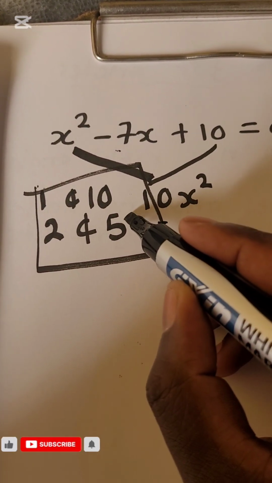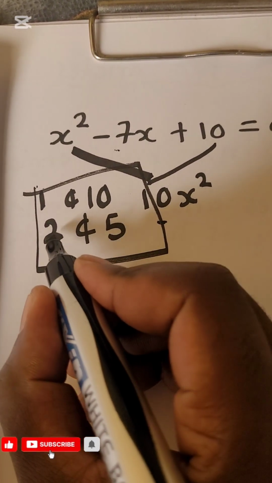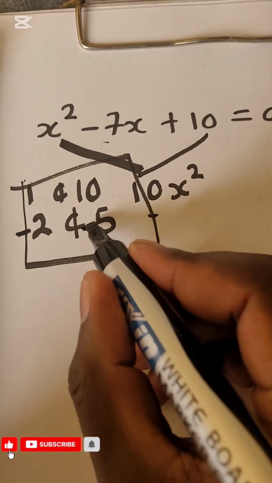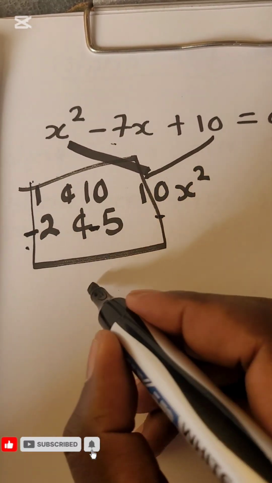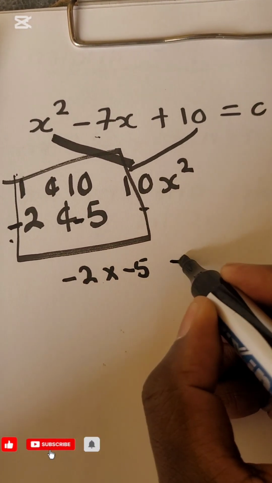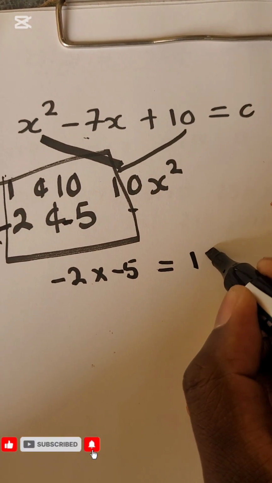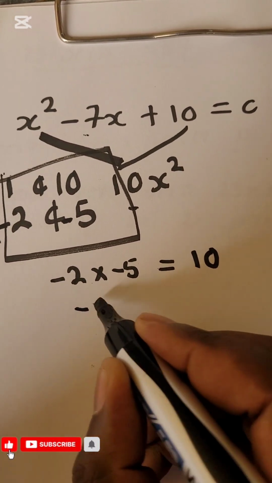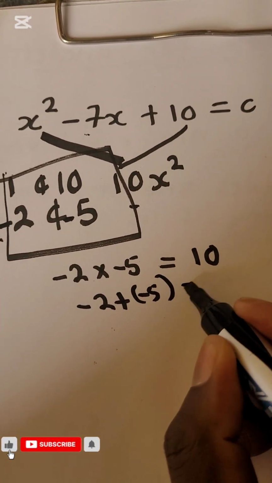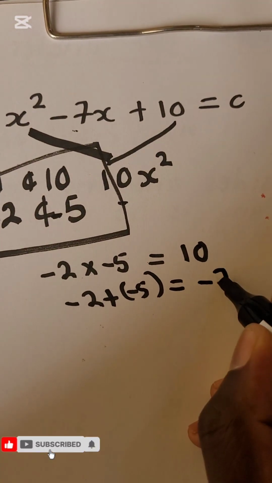So we can take 2 and 5, and it will be negative 2 and negative 5. Negative 2 times negative 5, we get positive 10. Then negative 2 plus negative 5, we get a negative 7.